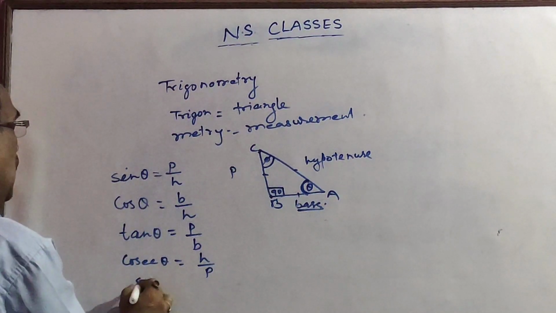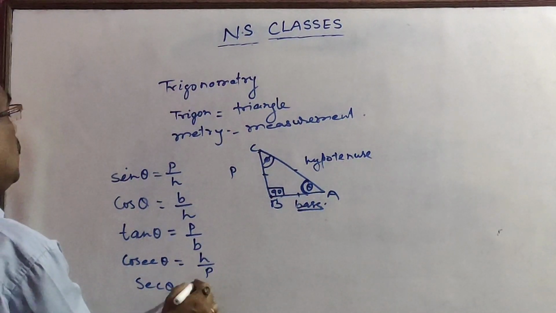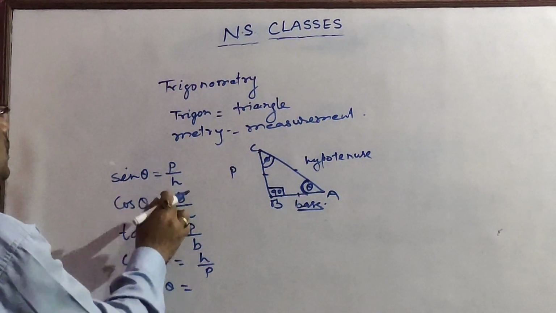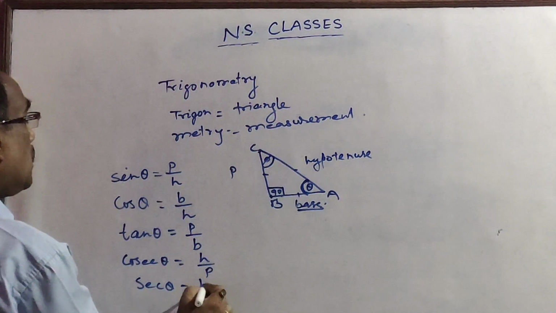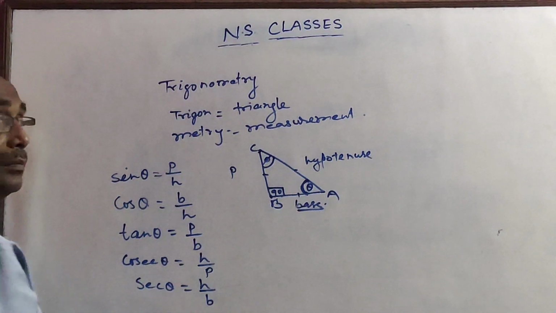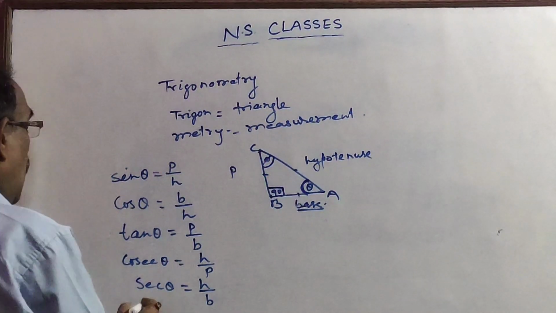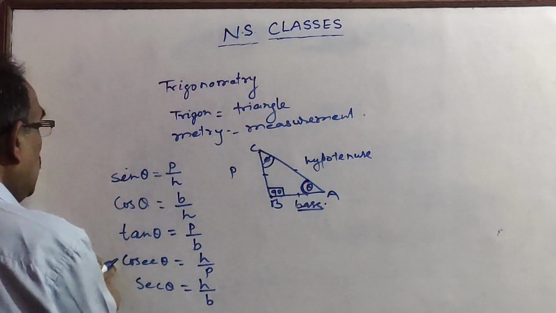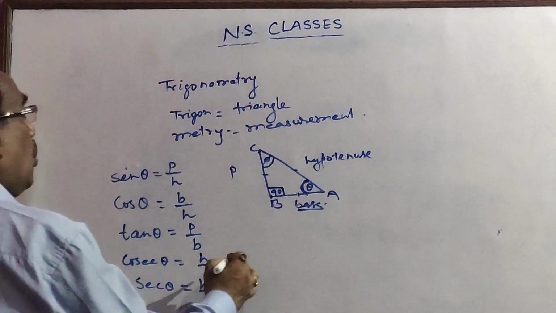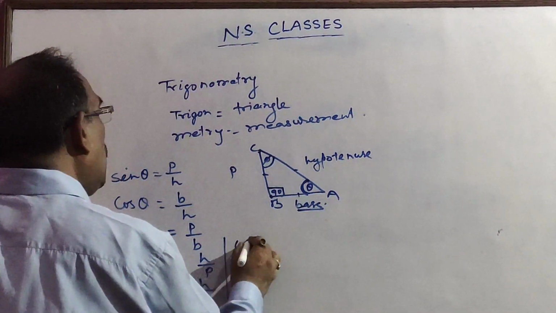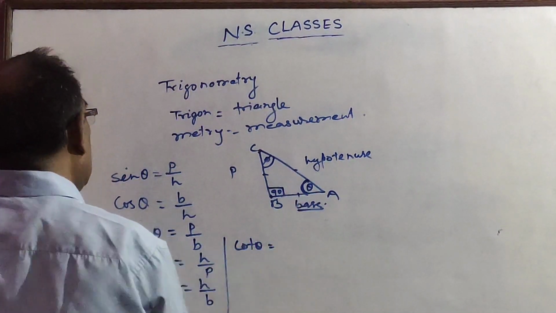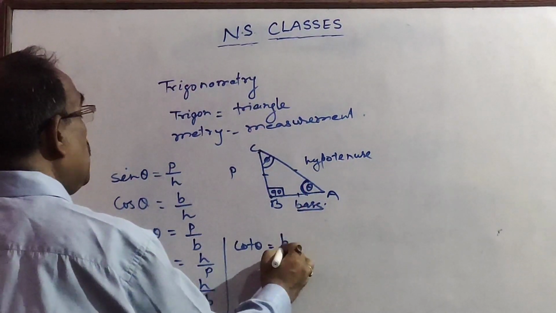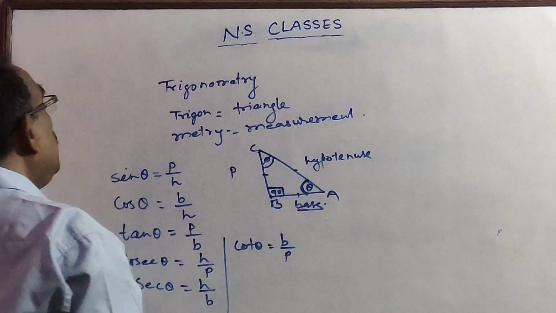Then sec theta is equal to h by b. Cot theta is the reciprocal of tan theta, that is b by p. Is that clear to you?